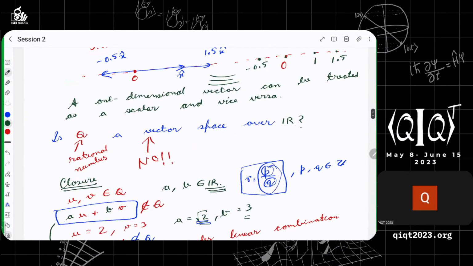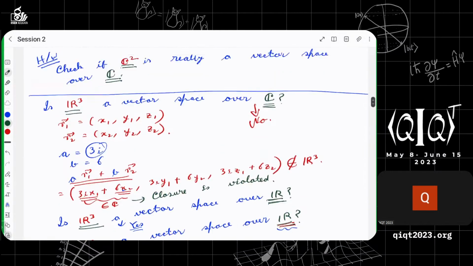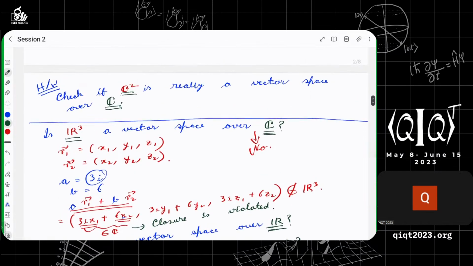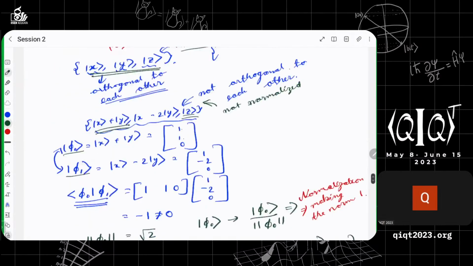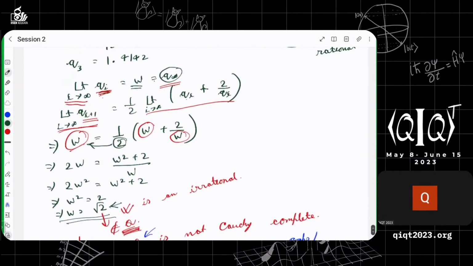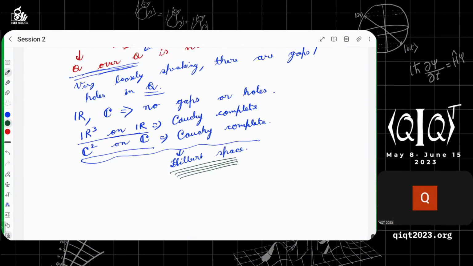And I think one more: whether C2 is a vector space over C. I would ask you to do that, and maybe I'll also email you the solutions before the last class.